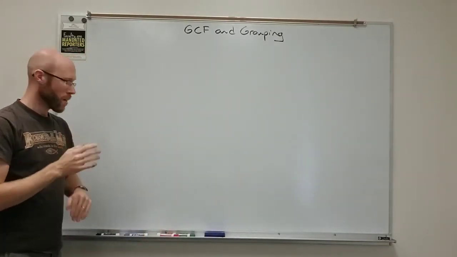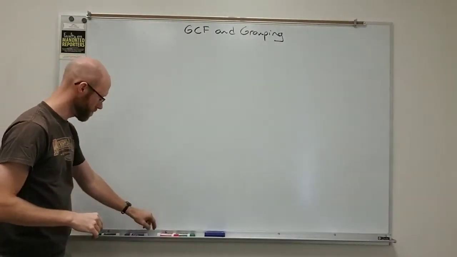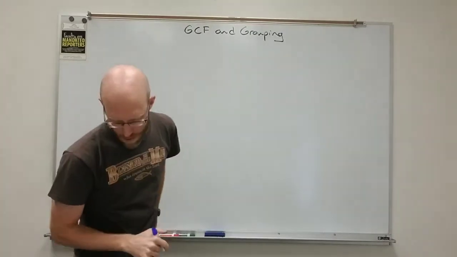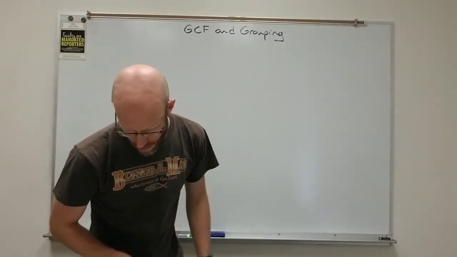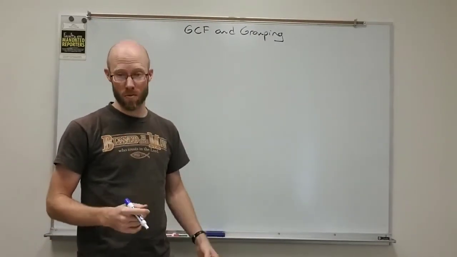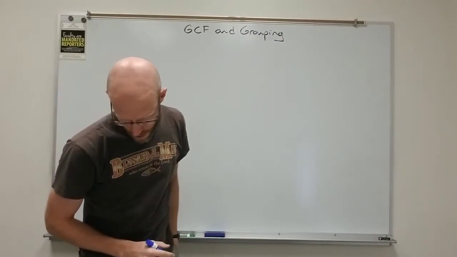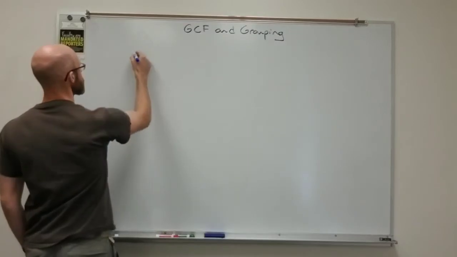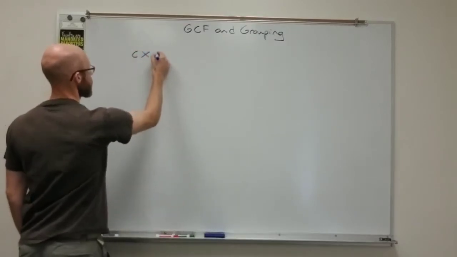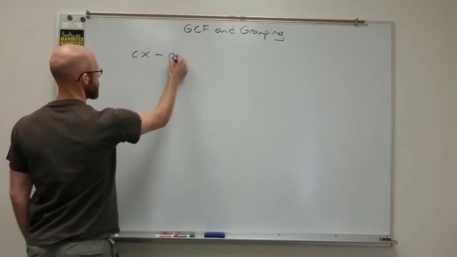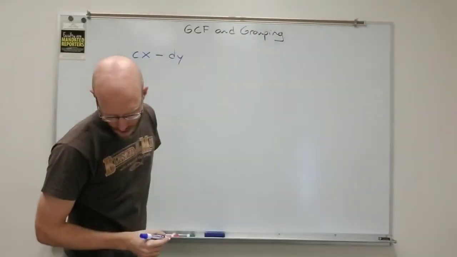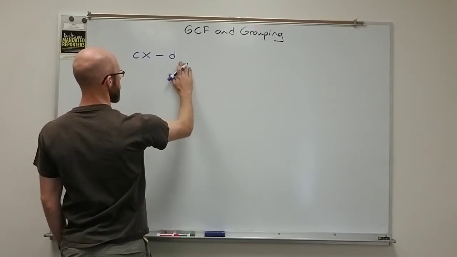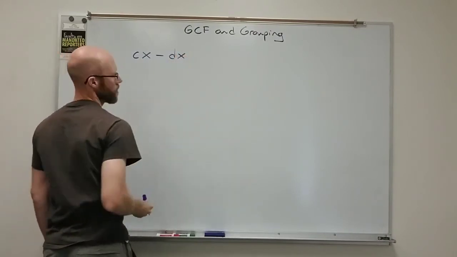Okay. Next example. Let's throw some more negatives and maybe a few extra variables. So let's make this one a little bit more complicated. Let's do cx minus dx, sorry, dx.